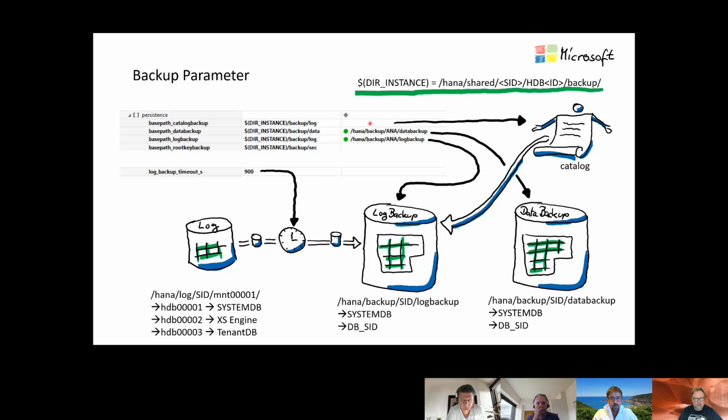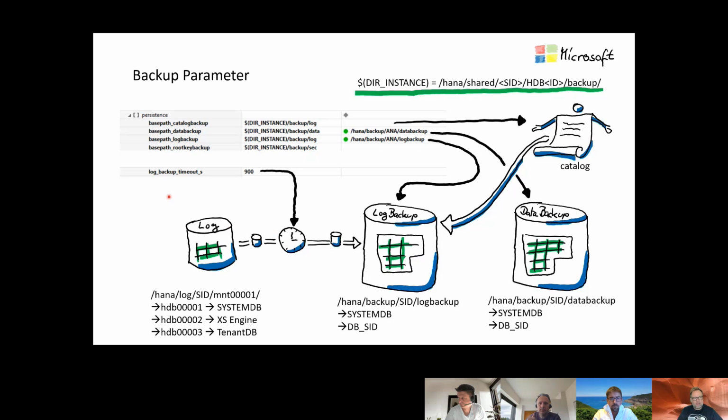I did this on purpose to show that this is not right, so that always reminds me to talk about this. The catalog backup should be pointing to the same directory where you have your log backups, because those two belong to each other. I still don't know why SAP put them apart from each other. They should belong together, because without the catalog, as mentioned, there's no log backup and no roll forward available.